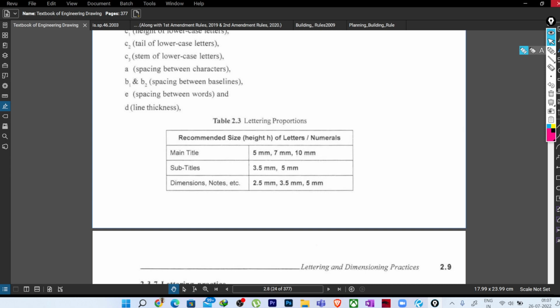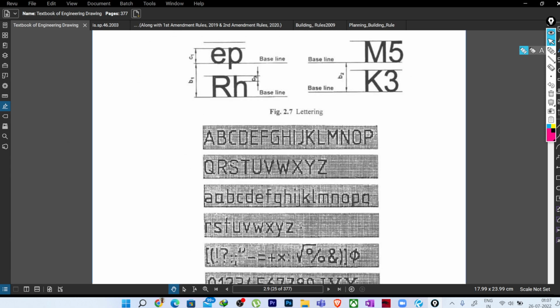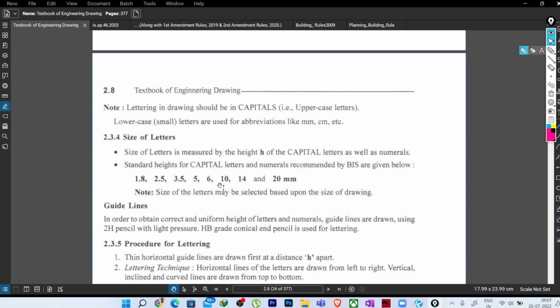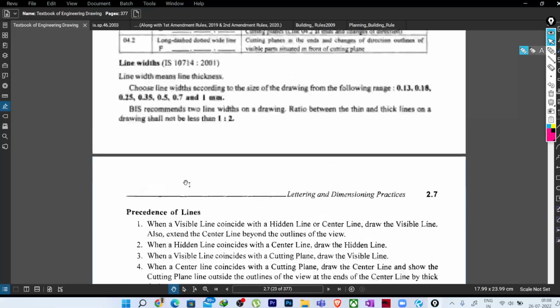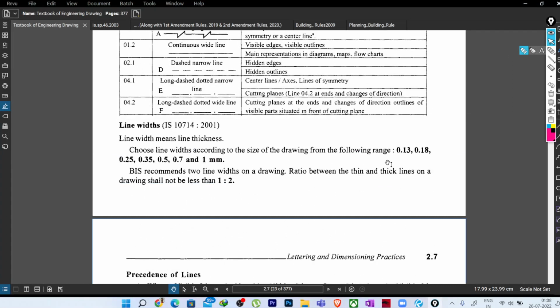So now for line thickness, you can see there are standards given. For the line thickness: 0.13, 0.18, 0.25, 0.35, 0.5. All these line thicknesses are also given in AutoCAD. If anyone has any basic idea of AutoCAD, you can see this kind of line thickness is already given.